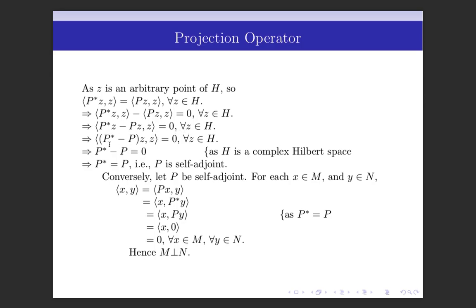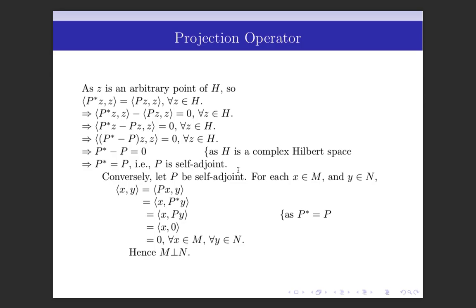Then this can be written as the inner product of (P star minus P) of z and z is equal to 0 for every z belonging to H. And since H is a complex Hilbert space, the operator must be equal to the null operator. So P star minus P is equal to the null operator. And this implies that P star is equal to P, that is, P is self-adjoint.